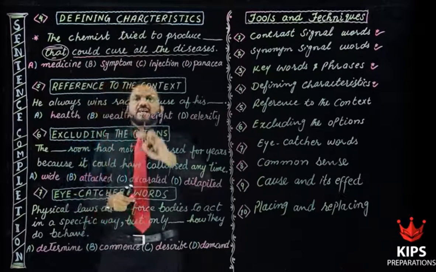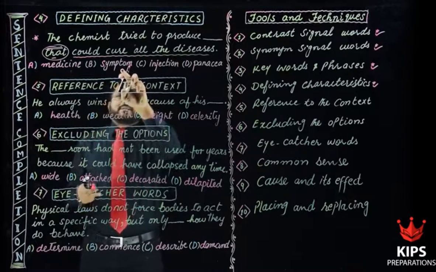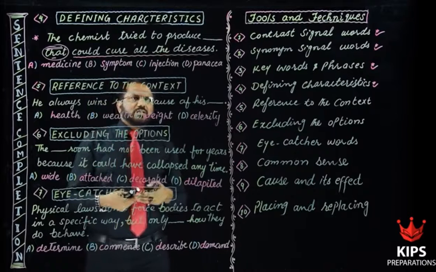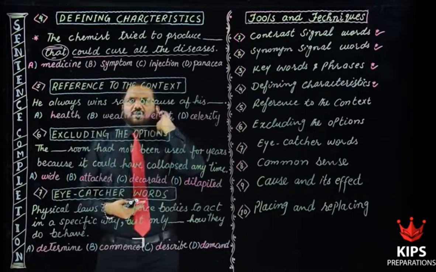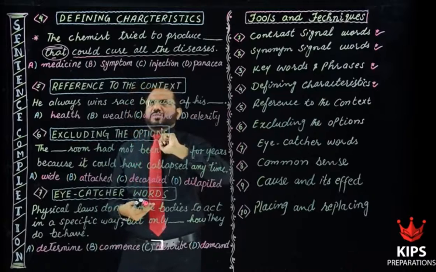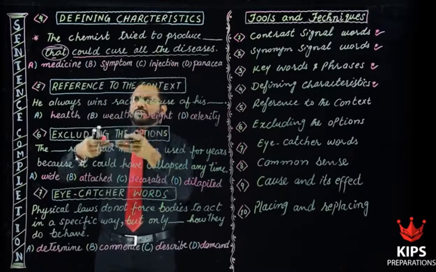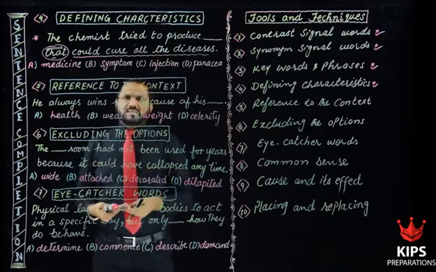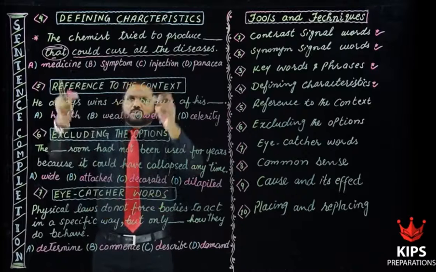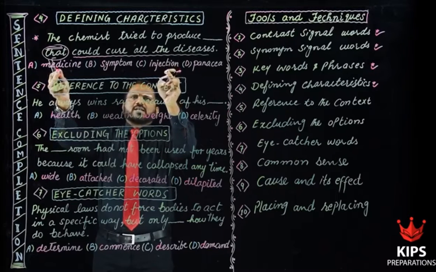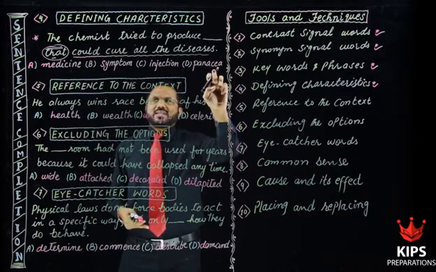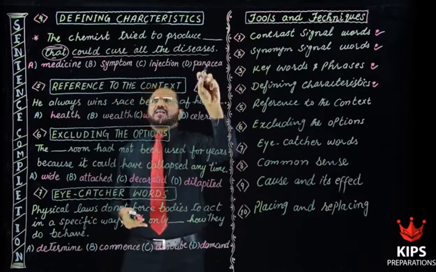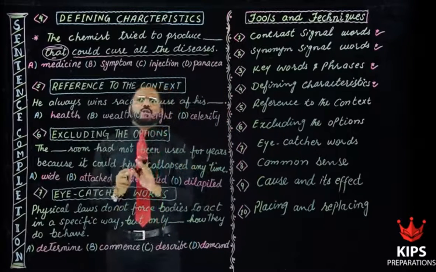Certainly not. Symptom does not have anything to do with the medicine, right? And if I look at option C, injection, so injection is also used to inject medicine. So once again, two options cannot be your answer. So we are left with the word panacea.